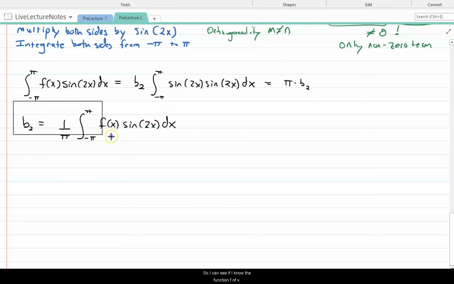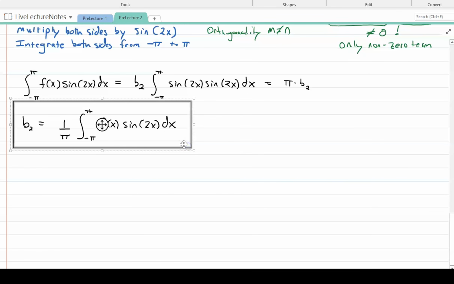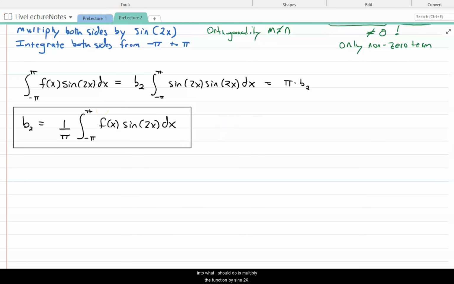So again, if I know the function f of x, and I want to calculate this second Fourier coefficient b2, what I should do is multiply the function by sine 2x, and then integrate from minus pi to pi, do the integral, and that will tell me this number b2.